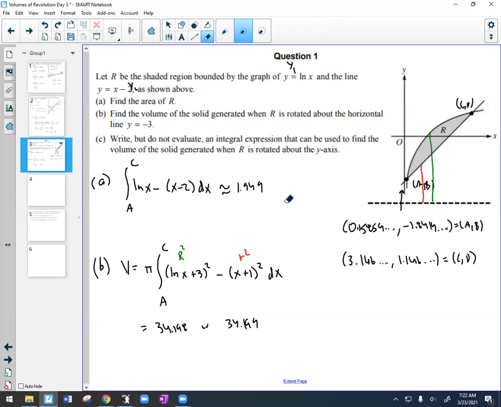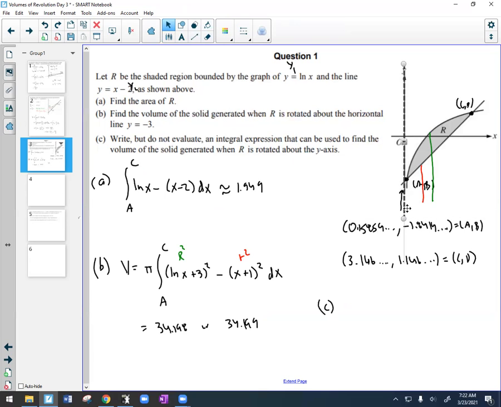And now write, but do not evaluate, an expression that can be used to find the volume when R is rotated around the y-axis. That's the trick here. So my new axis of rotation is the y-axis.